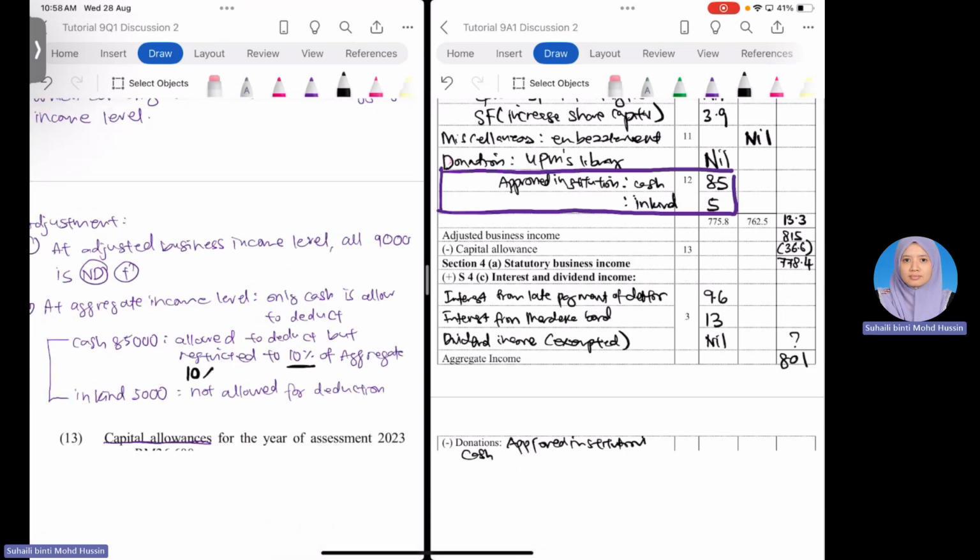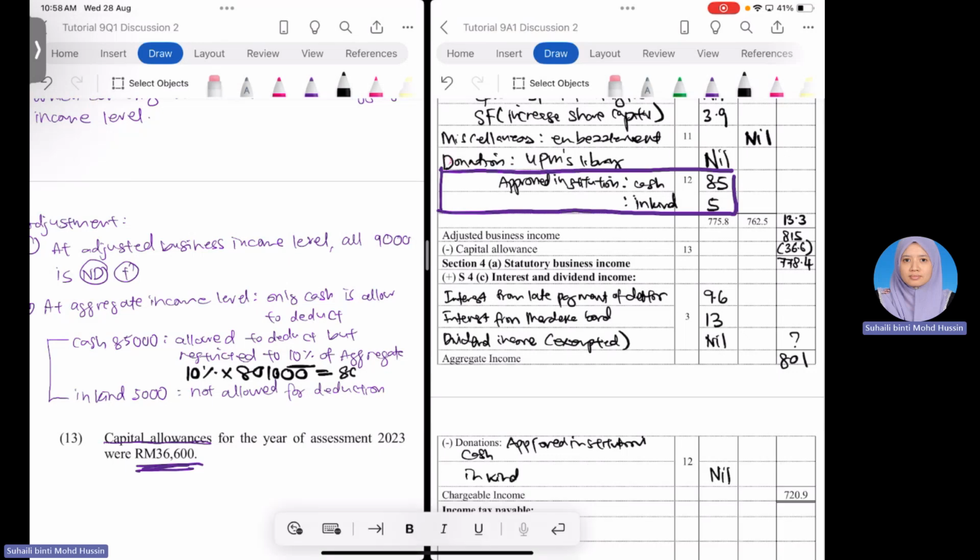So 10% of the aggregate income, you have 801,000 ringgit. 10% from 801,000 ringgit, so 80,100. You donated how much? The cash, 85,000 ringgit. You donated the cash, 85,000 ringgit, but 10% of the aggregate income is only 80,100.